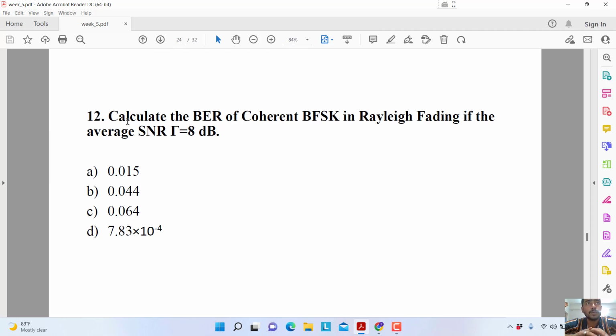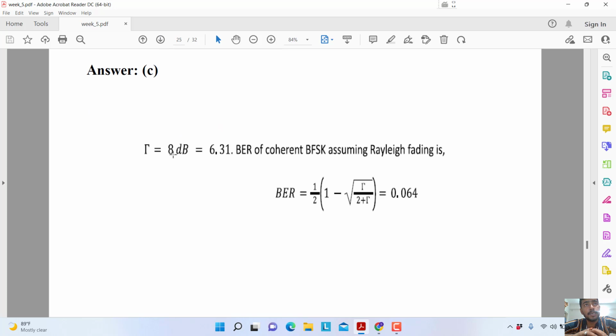Again, I am repeating this question. Calculate the BER of coherent BFSK in Rayleigh fading if the average SNR is 8 dB. Average SNR is given as 8 dB. You can convert it to the linear scale. It will come to 6.31. We have to calculate the BER of coherent BFSK for Rayleigh fading. The formula is 1/2 times (1 minus square root of gamma upon 2 plus gamma). Just put the value there.